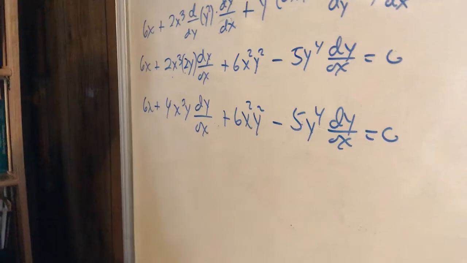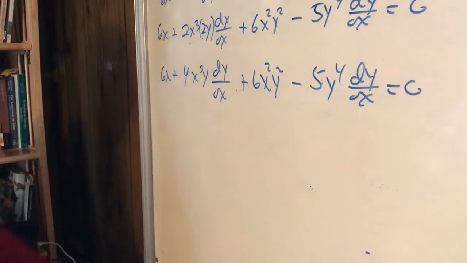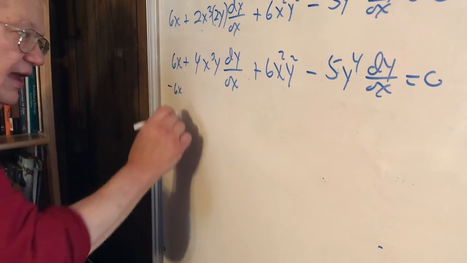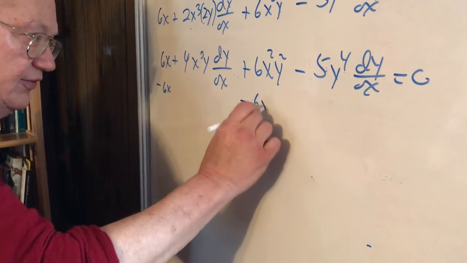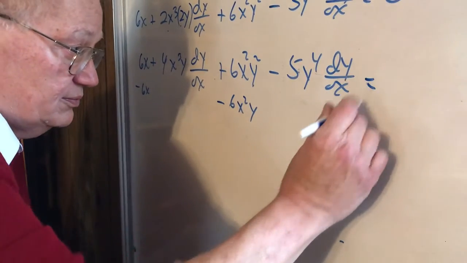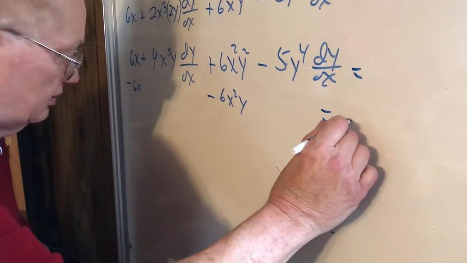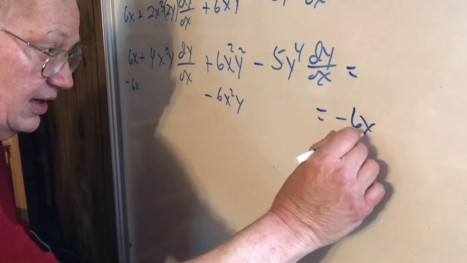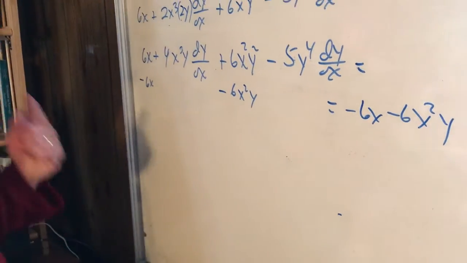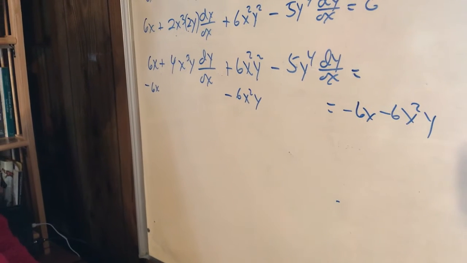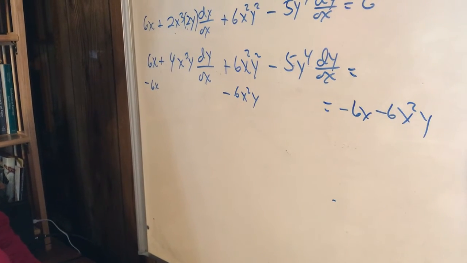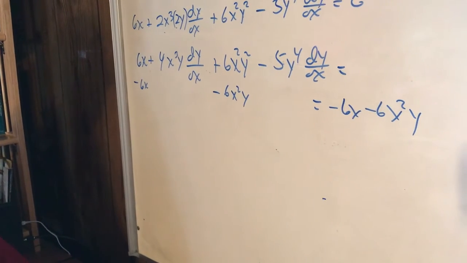All right, now I'm going to bring all terms not in dy/dx to the other side. Minus 6x minus 6x squared y squared. I'm going to put that over here. Minus 6x minus 6x squared y squared. Okay, we'll check that everything's correct there. Looks like I did everything right so far.